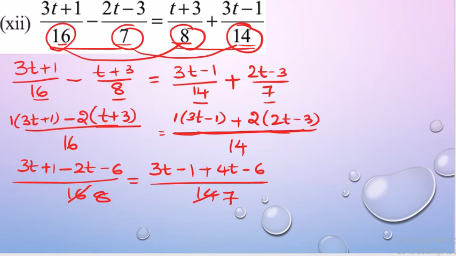Now simplify the numerators. Here, since we can see 3t here and 3t here, don't get tempted, both are looking the same, we can directly cancel them, right? We should not cancel, that is against the rules of cancellation. So first of all we need to simplify.